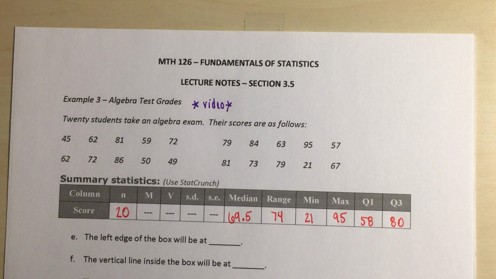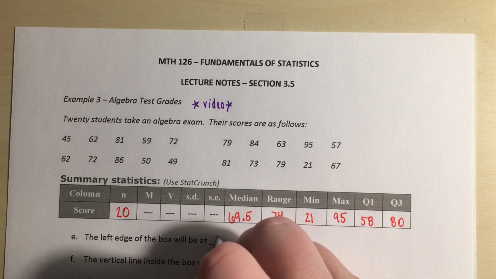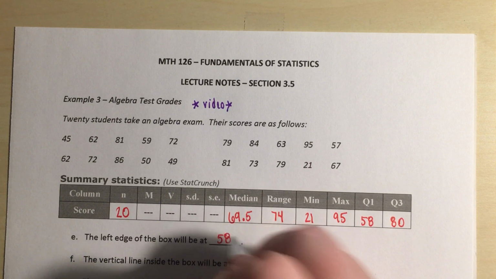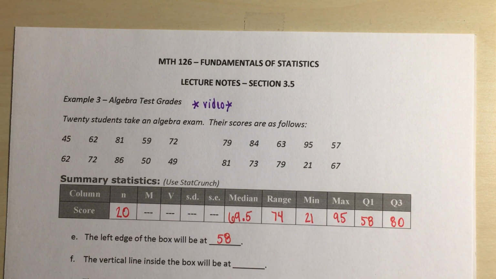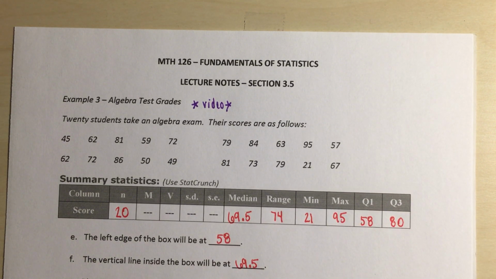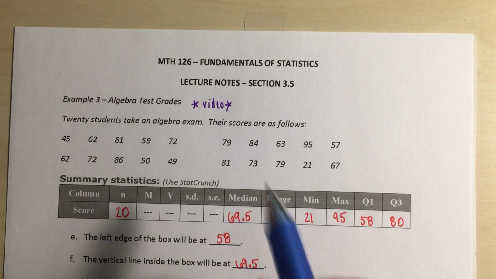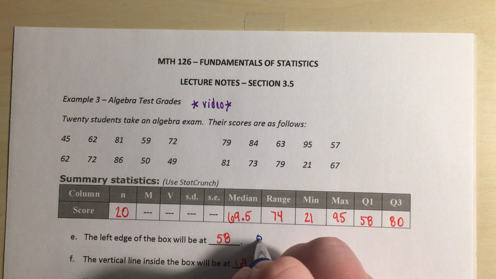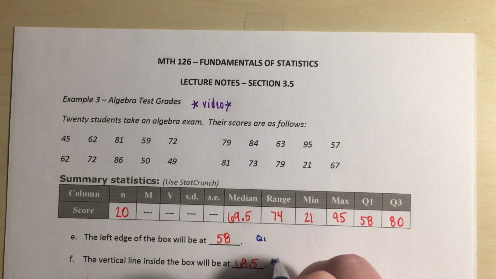All right, so the left edge of our box is going to be at 58 because that is Q1. The vertical line inside our box is going to be at our median, which is 69.5. All right, the right edge is going to be at 80 because that is Q3. So as we're looking at these, again, this is Q1, that is M, that is Q3.